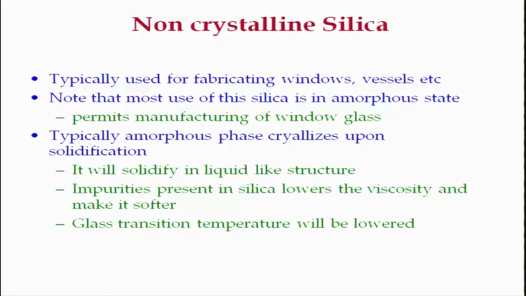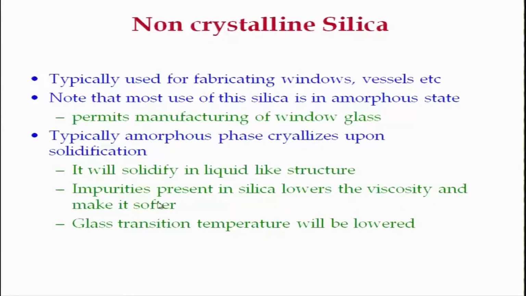So, SiO2 happens to be the basic building block of these glasses, and this amorphous phase which we have at room temperature forms upon solidification. As all of us know, liquid has a random structure. It is as if the liquid has frozen in the same structure upon solidification.